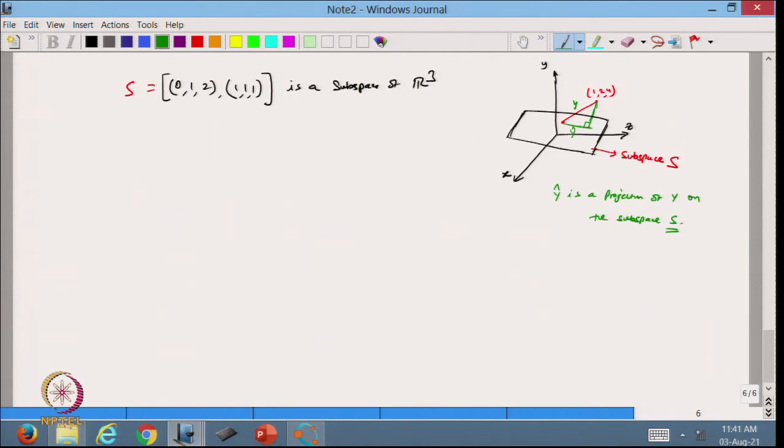This is what we have done in the theory. Now we do this in generalization.